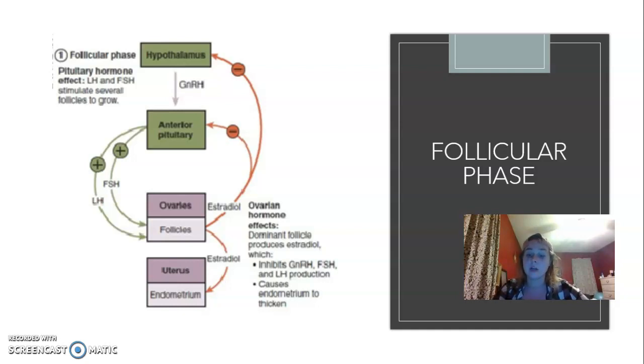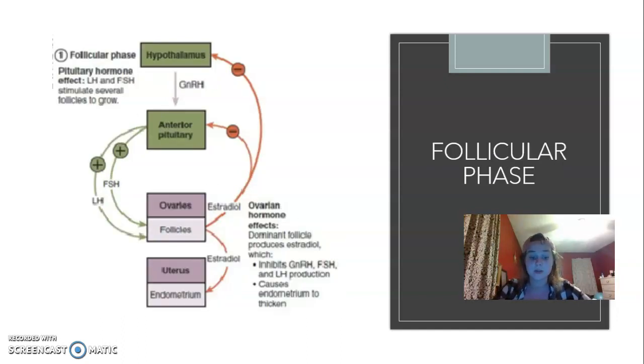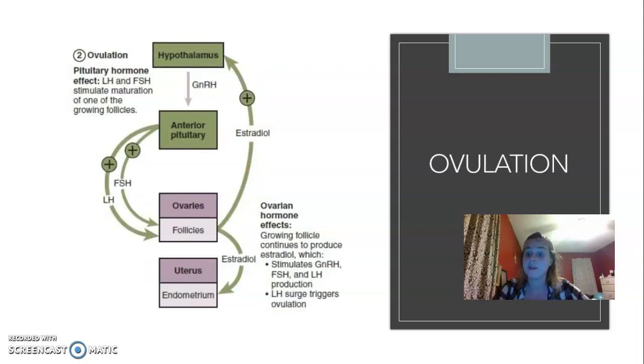With this big drop in FSH, we see that the large tertiary follicles start to die off because they need FSH to grow and survive. Towards the end, typically one of these follicles will survive. This is now referred to as the dominant follicle, and this is the follicle that is released in the next phase for ovulation.